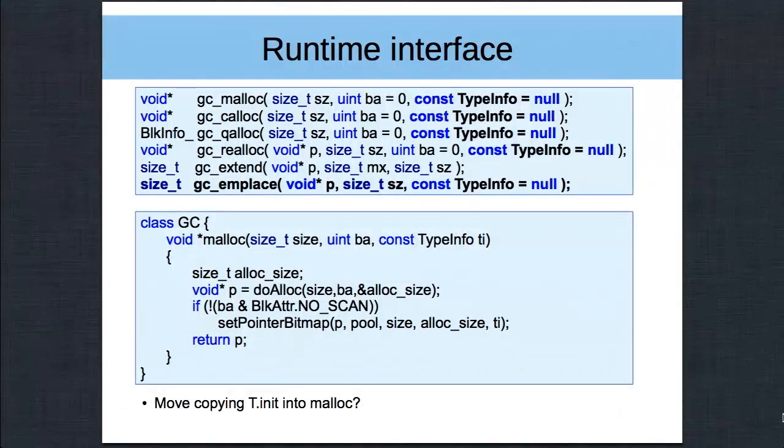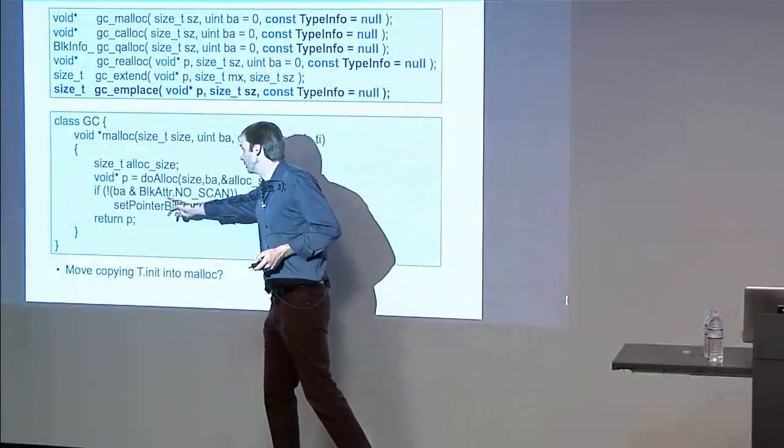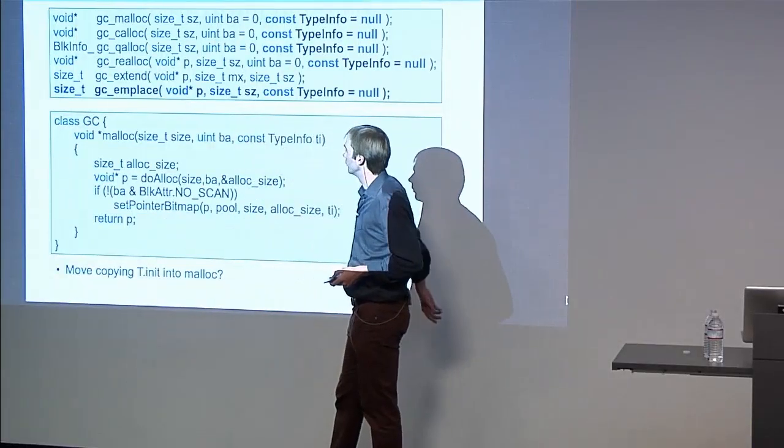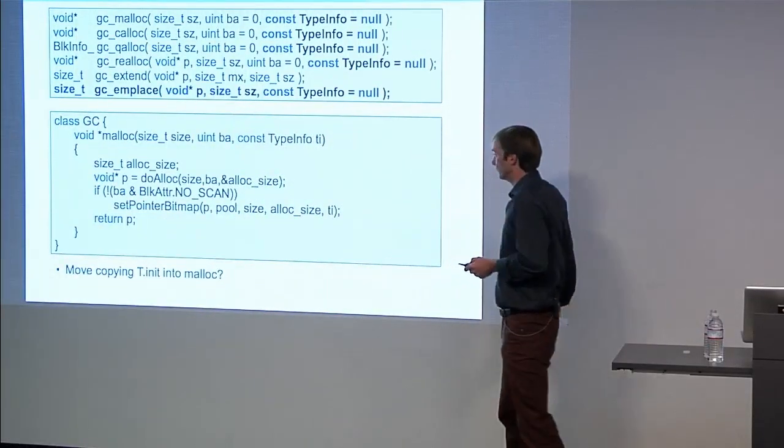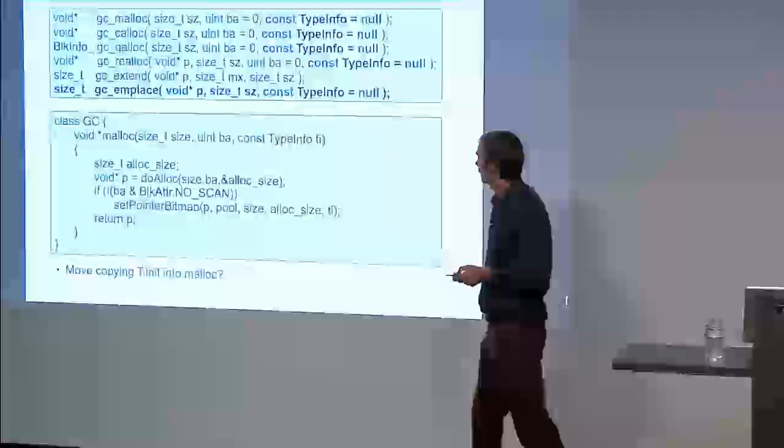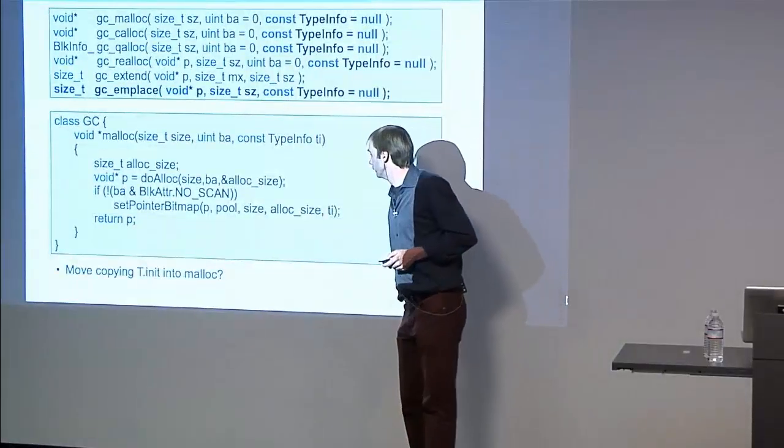You have the key and the value as two different type infos, so you have to place those explicitly into one block of data. And the actual malloc function does call a set pointer bitmap function to actually move that RTinfo into the bitmap array.